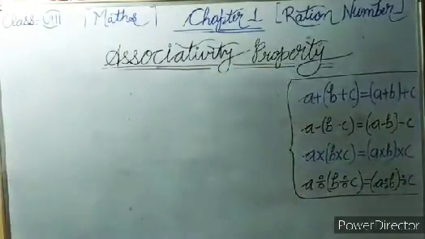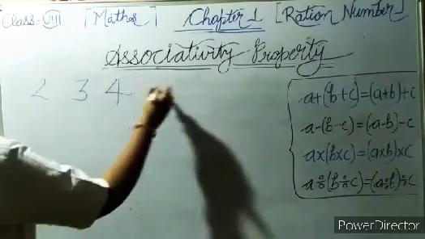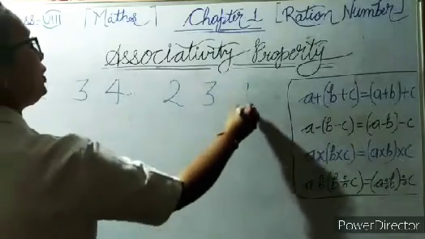Associative property says if we take three numbers 2, 3, 4, the order is the same: 2, 3, 4.